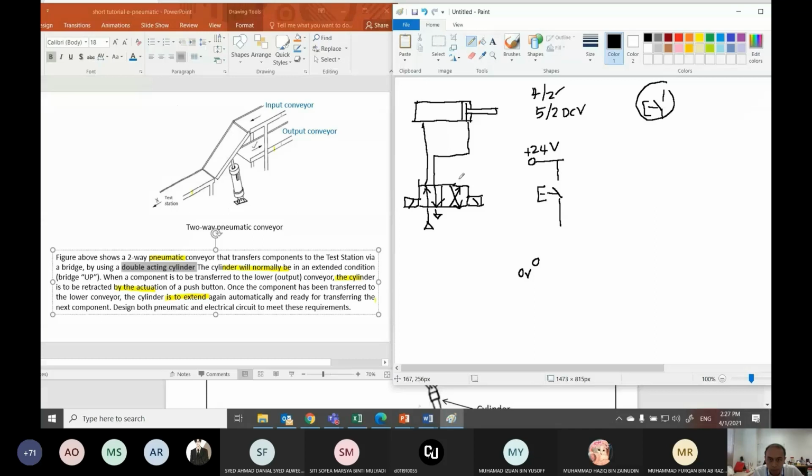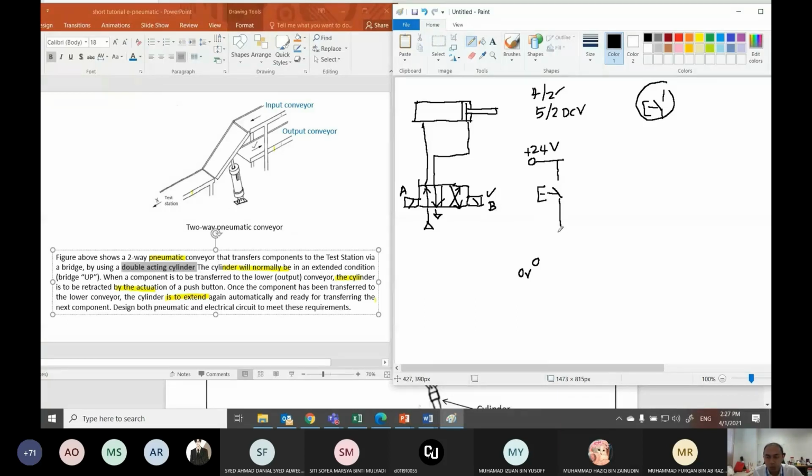Let's say I give this as solenoid B, and this is solenoid A. Okay, in order for the cylinder to retract, we have to activate solenoid B. So I know that when I press push button, at some point, by any means, solenoid B must be energized.